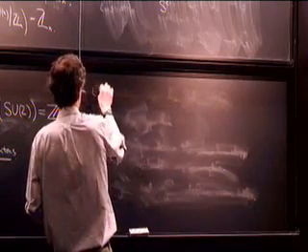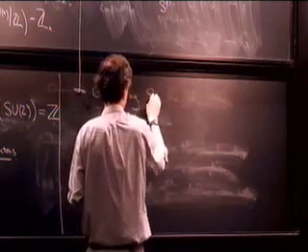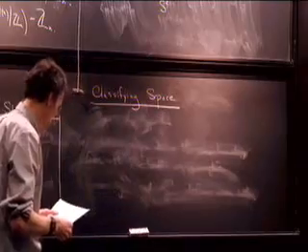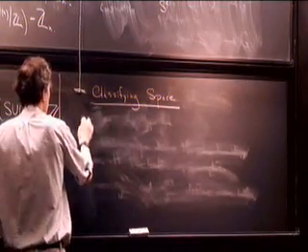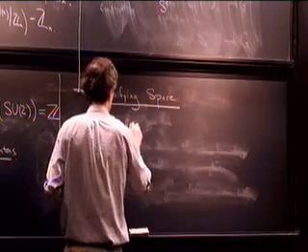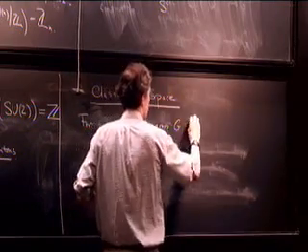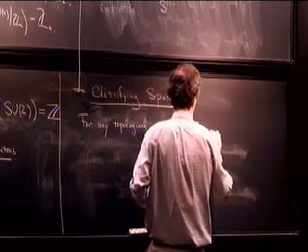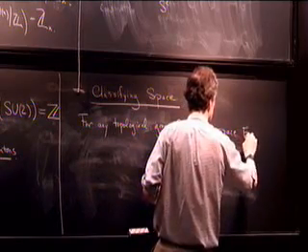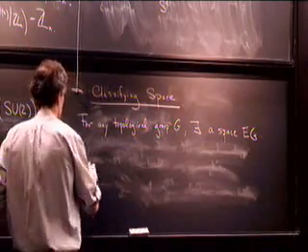Okay, so that brings us to something called the classifying space. For any topological group, there exists a space called EG, which has two defining properties.